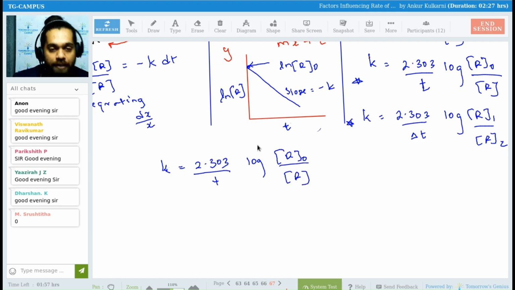So if I take it as y is equal to mx plus c, look how I rearrange it.